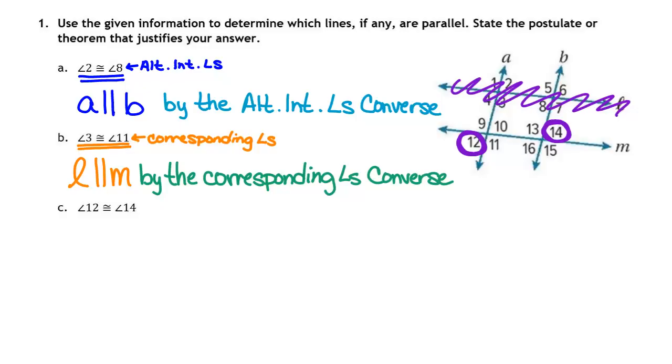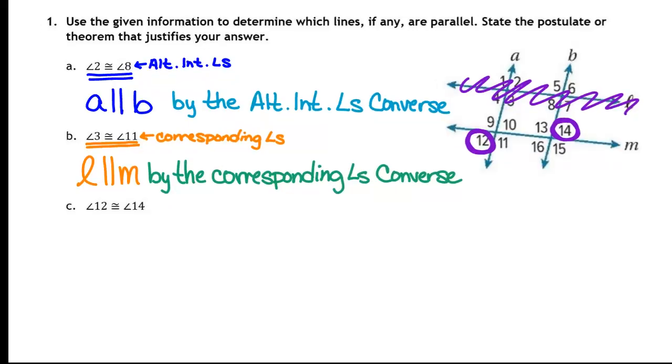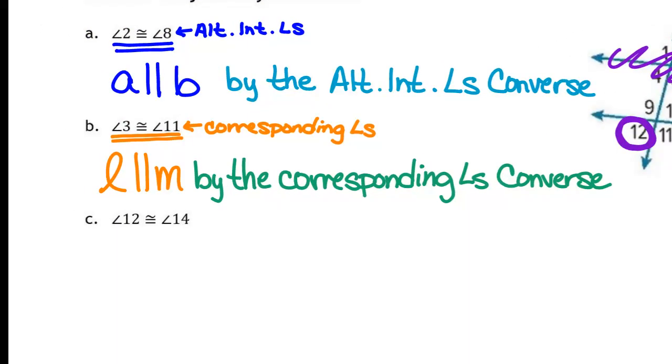If it doesn't touch it, we just ignore it. What type of angles are 12 and 14? Not corresponding. Alternate exterior, yes. These are alternate exterior angles.